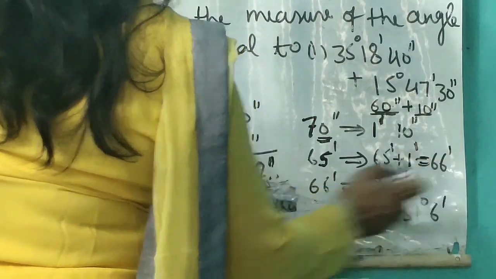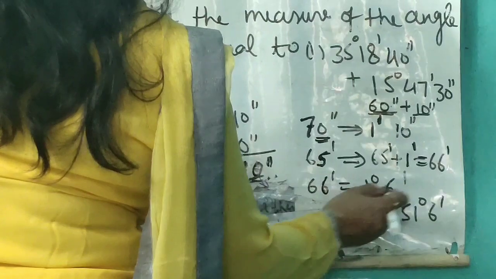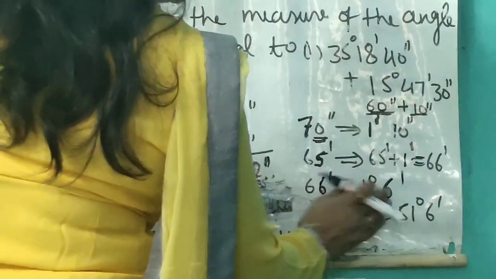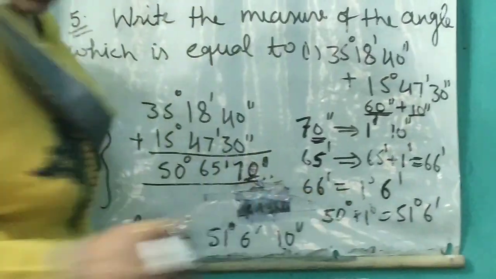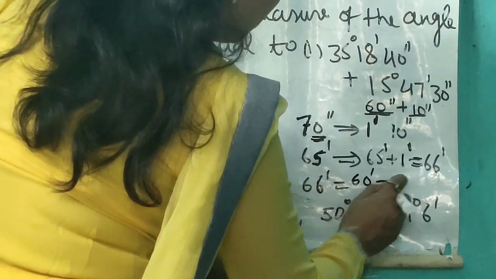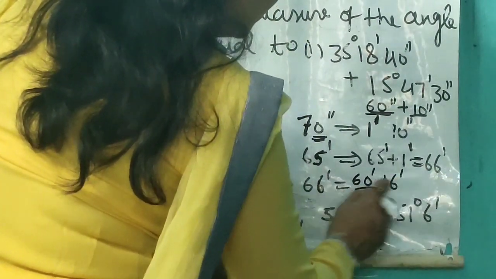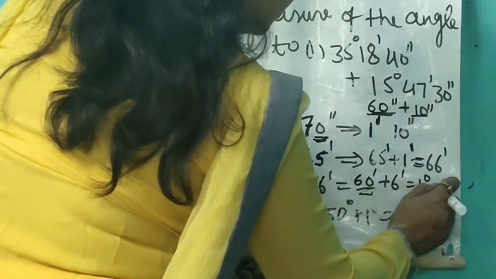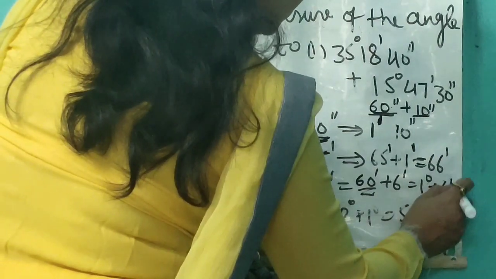Now this 66 minutes also you will break in degree and minutes. So 66 minutes means 60 minutes plus 6 minutes, and 60 minutes is equal to 1 degree. So it is 1 degree 6 minutes.